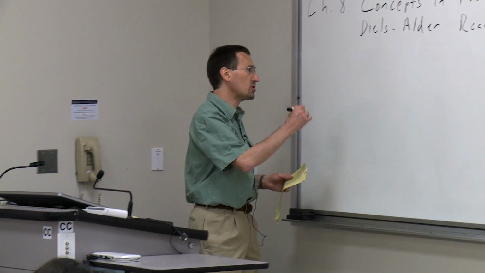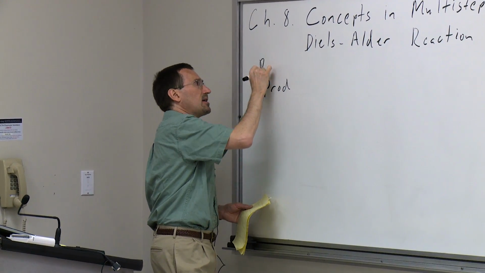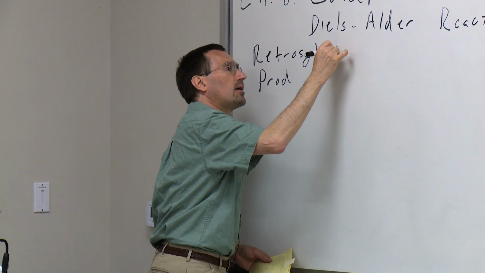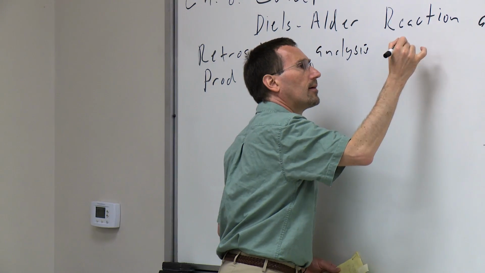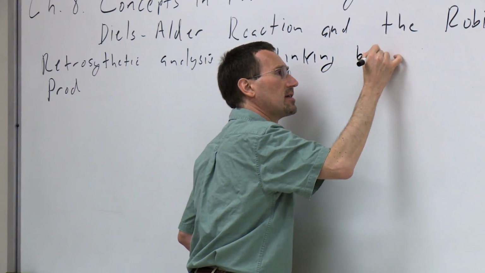In other words, focusing on how you build the molecule and not worrying about reagents, worrying about the main carbon-carbon bond forming reactions, initially not even worrying about the functional group transformations. So the idea of retrosynthetic analysis is really thinking backwards about synthesis.